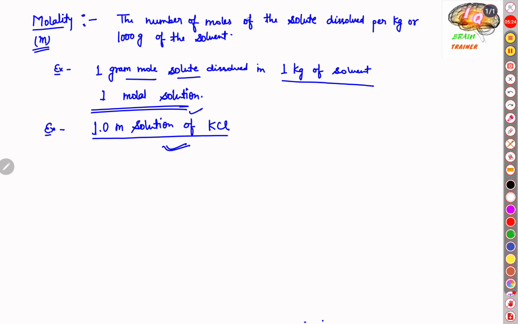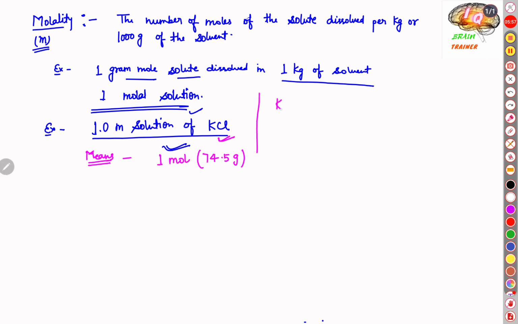It means that 1 mole of KCl, and 1 mole of KCl means 74.5 gram. How can we find out that 1 mole is equal to 74.5 gram? We have to find the molar mass.